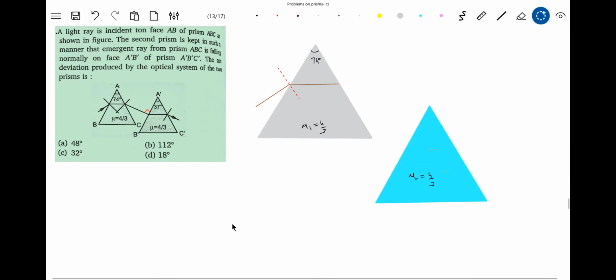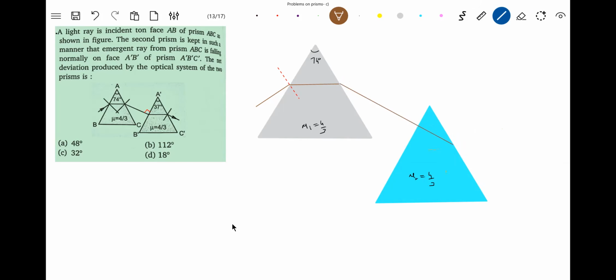Now I'll do the correction. Okay, this one. After this, the ray will be incident normally. Now getting to the problem. This angle is given as 37 degrees, so this is the minimum deviation. So this angle r1, r2: r1 equals r2, which will be equal to 74 degrees by 2.